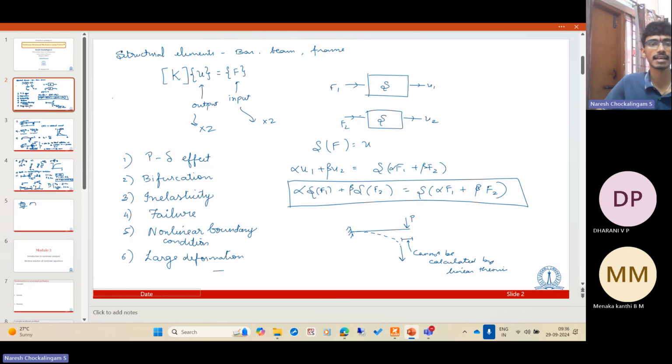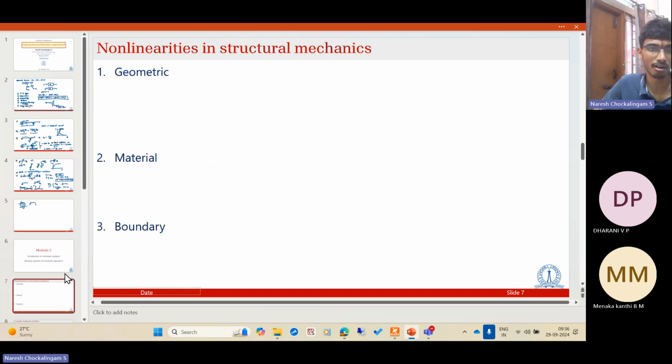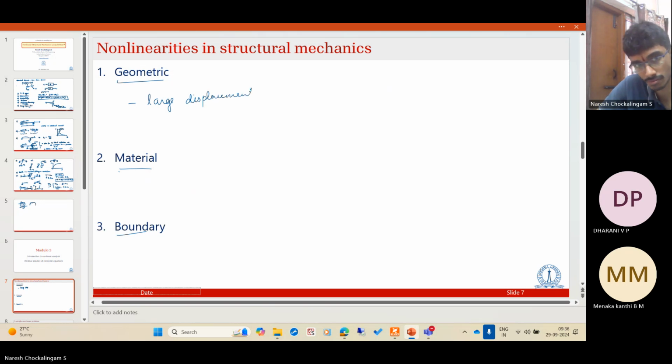Right. So these are the cases that require nonlinearity, and all of these nonlinearities you can put under geometric, material, or boundary. Geometric is when you have large deformations, large displacements, or rotations, strains, deformation, whatever. So in general, it is large deformation.